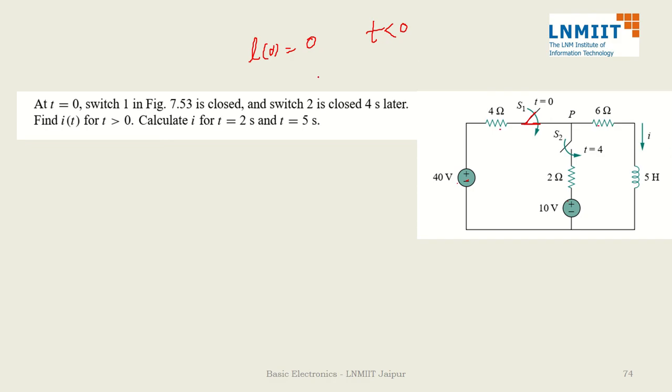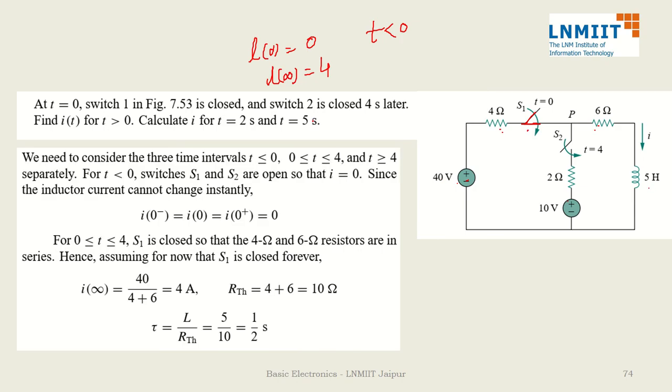That means at infinity, the current will be 40 by 10, 4. And the time constant: R is equal to 10 ohm, L is equal to 5. So with these assumptions, I am going to calculate. I initial is 0, I final is 4, tau is 5 by 10, and I get my equation.